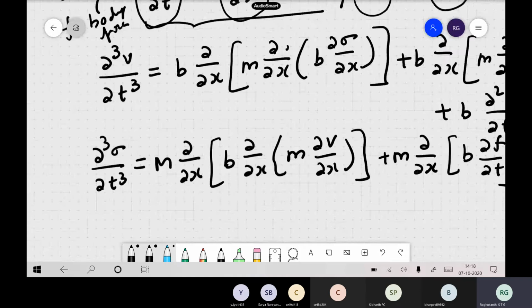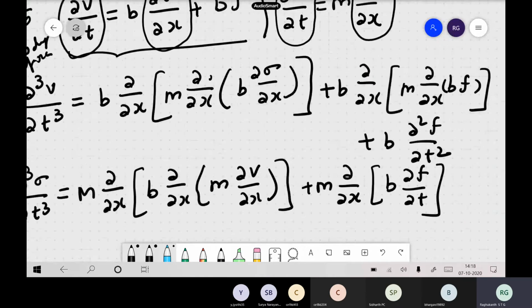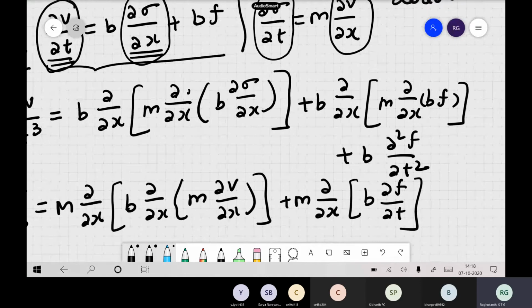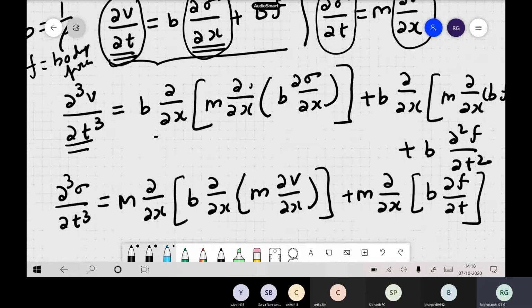Now what this method says is that all the temporal derivatives become spatial derivatives, because the temporal derivative of velocity is related to the spatial derivative of stress. So using this expression you can substitute and equate the temporal derivative with spatial derivatives.